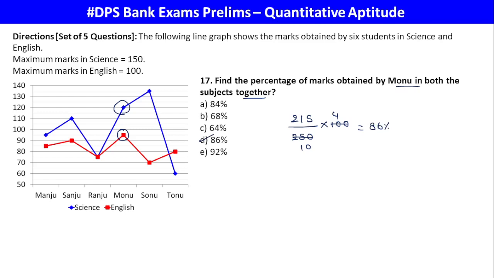Option D is the final answer for this question. Done. 86% is the final answer, right?